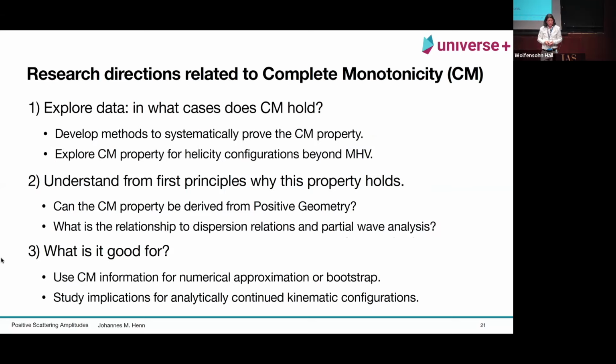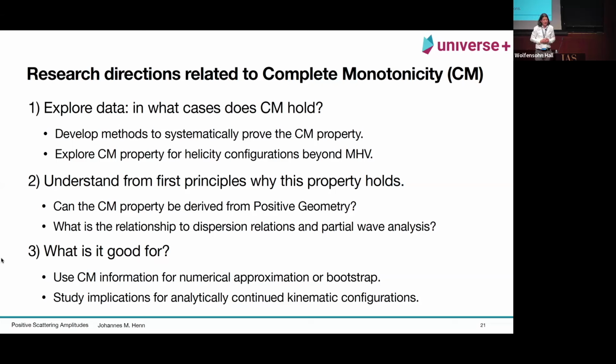So I'd like to conclude by mentioning some of the directions I find exciting. We already looked at some data, but there's much more data to be looked at. As I said, in some cases we only have numerical evidence. So clearly, it's very worthwhile to understand, for those types of transcendental functions, how we can prove a CM property and how we can make this more systematic.